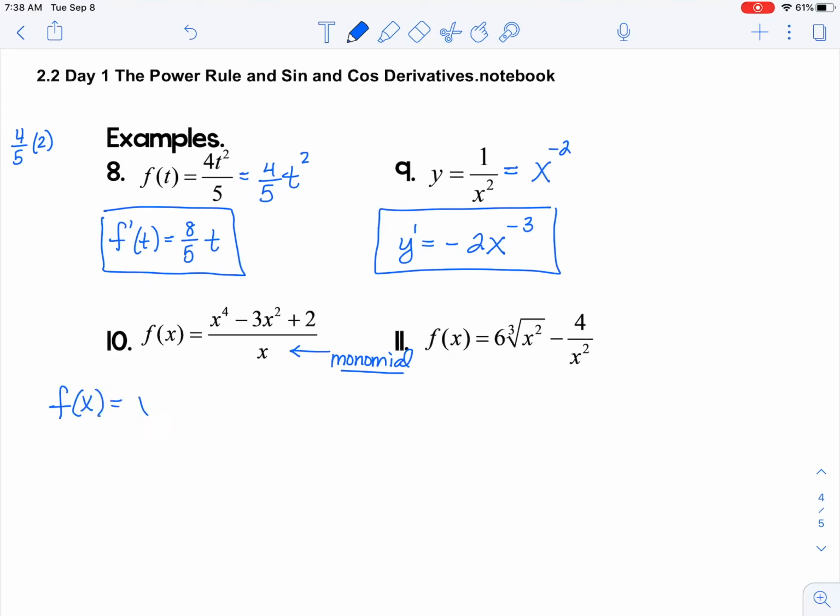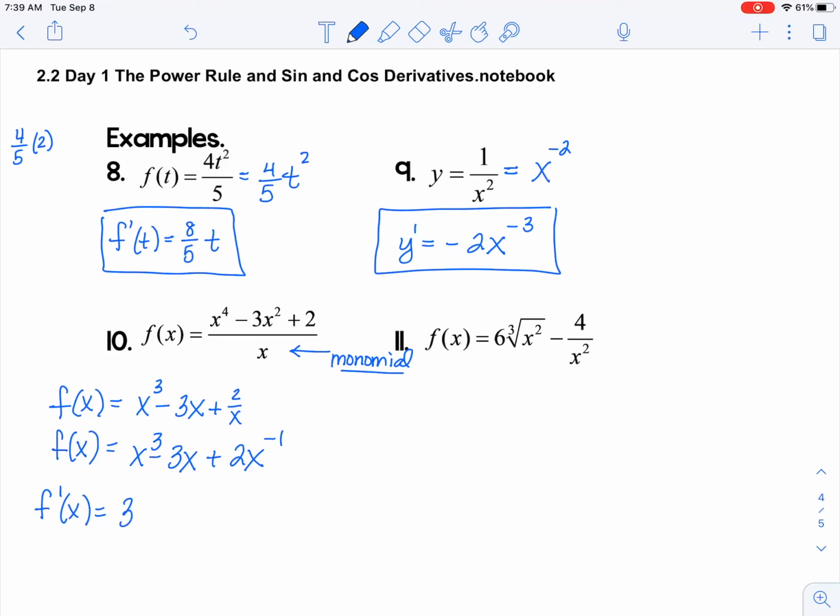X to the 4th divided by x is x to the 3rd, minus 3x squared divided by x is 3x, plus 2 divided by x, you could write as 2 over x, which if you look back to how we did number 9, we're actually going to rewrite this again. This is x to the 3rd minus 3x plus 2x to the negative 1. So we were able to rewrite number 10 as powers, and now we can take the derivative.